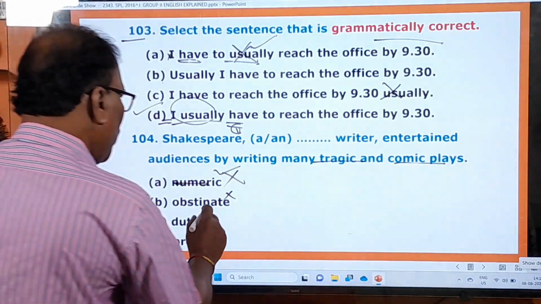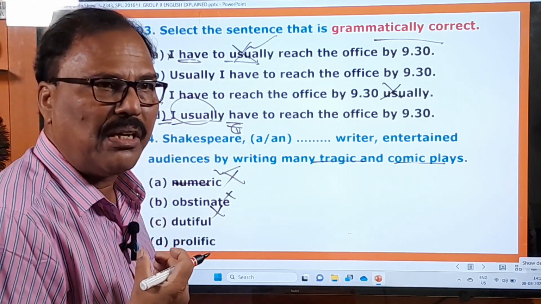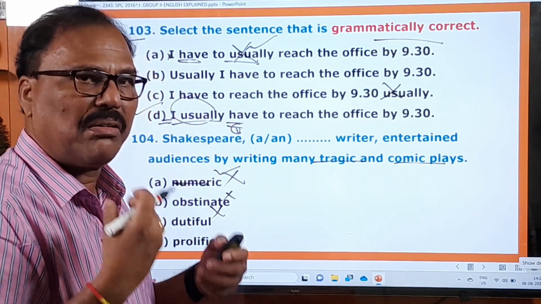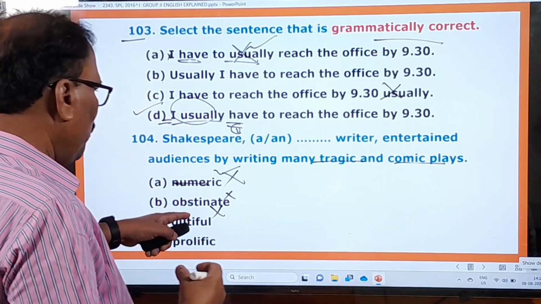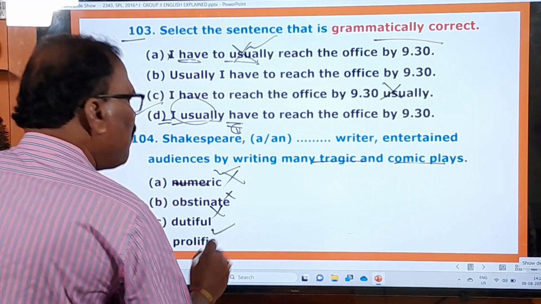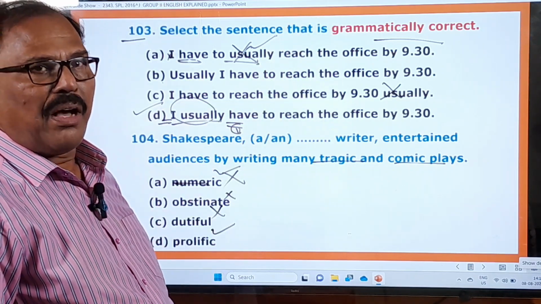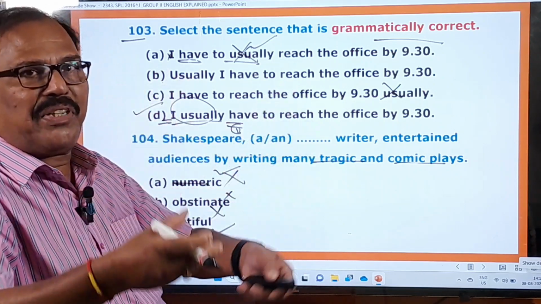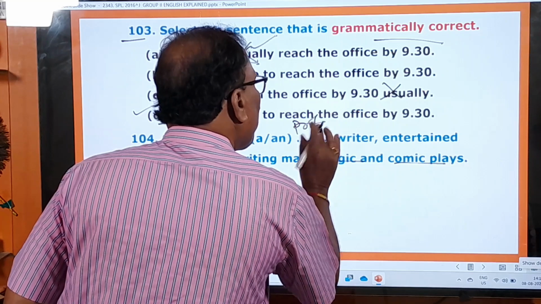And here, dutiful, filled with duty, filled with a sense of duty. Prolific means fruitful, producing many. So here he was a prolific writer.